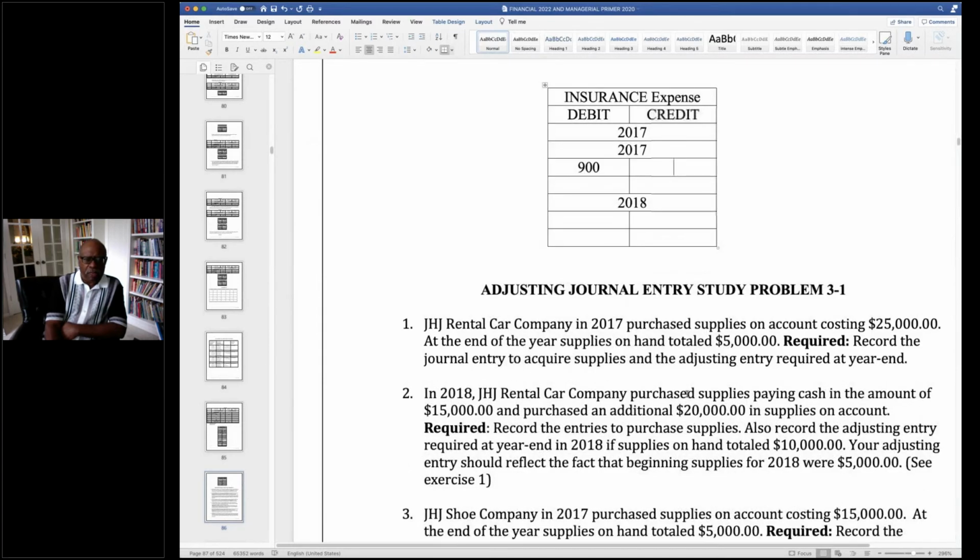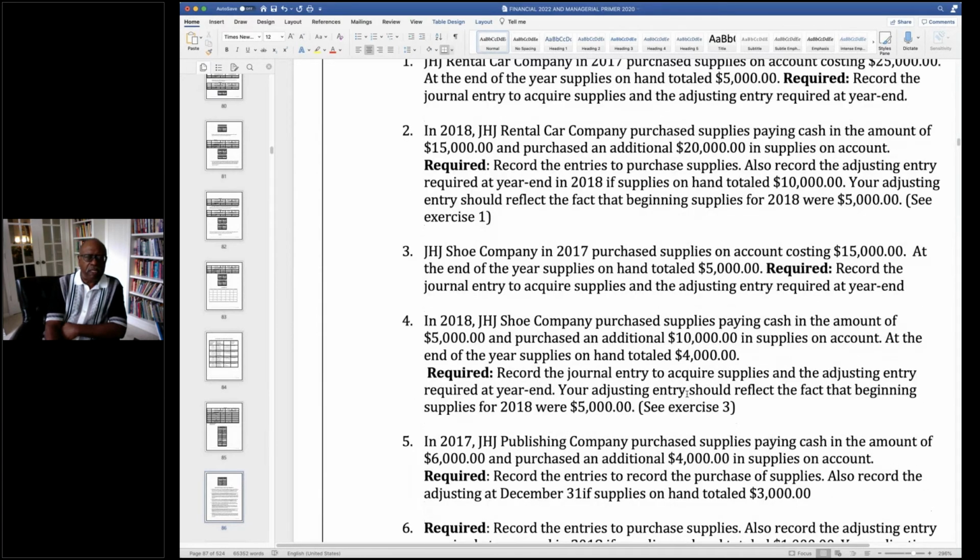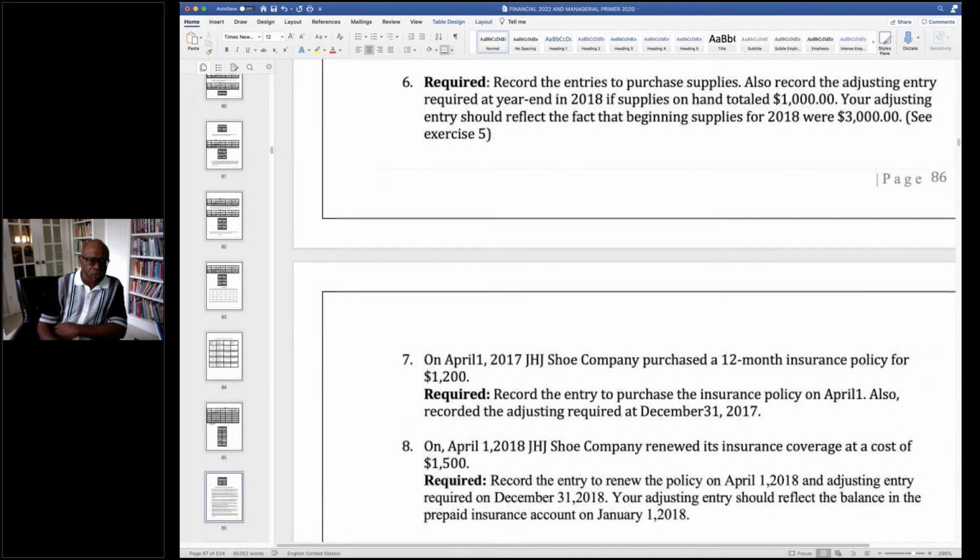Now let's see what happens in this problem. When we go to 2018, the shoe company renews this insurance, but the cost is now $1,500.